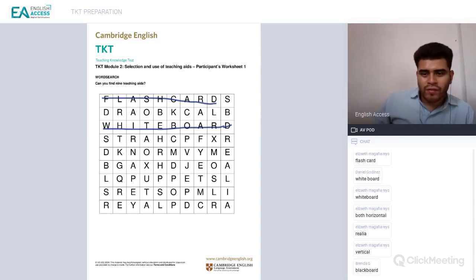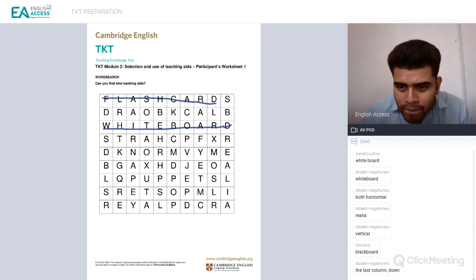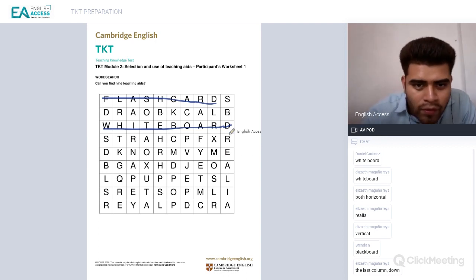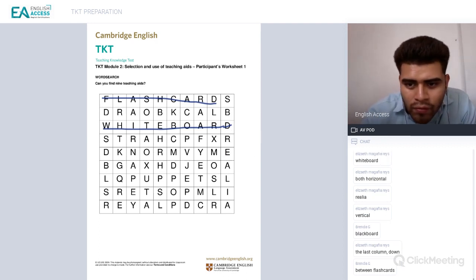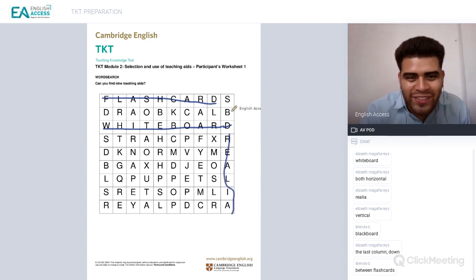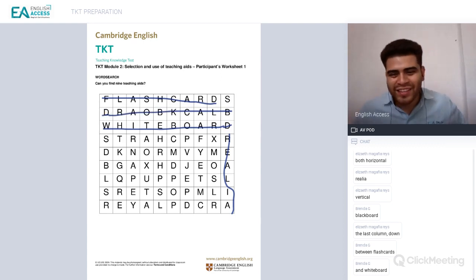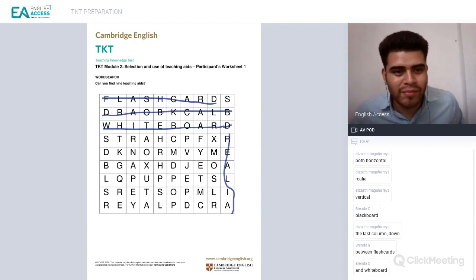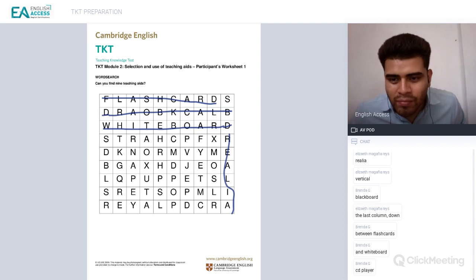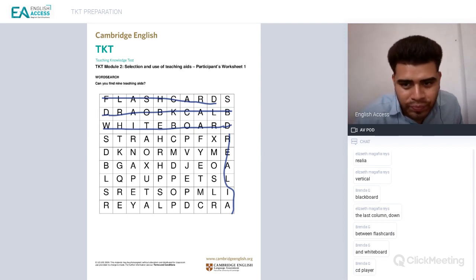Blackboard. Realia. Huh, my lines are so ugly. I'm sorry. Blackboard. Between flashcards.